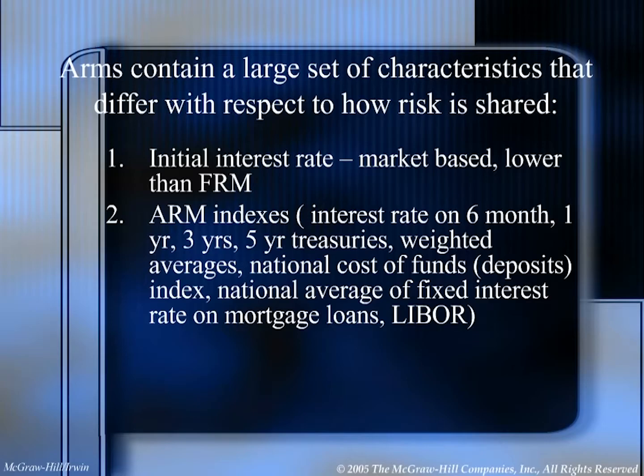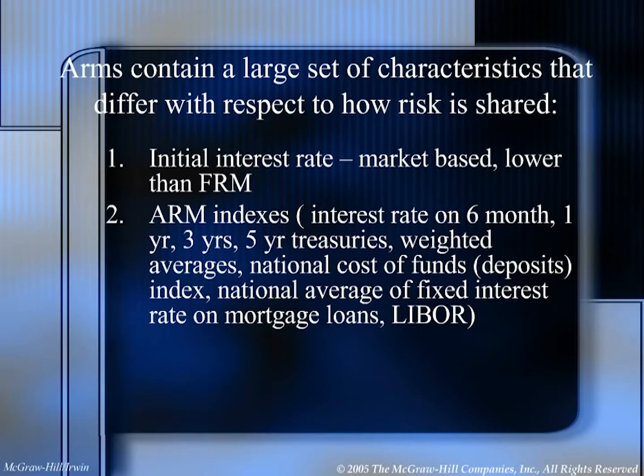Then what index are we going to use? 6-month Treasury, 3-month Treasury, 5-year Treasury, some weighted average, some national average, the LIBOR, which is the London International Bank rates. So we could use a variety of these different market-based interest rates.